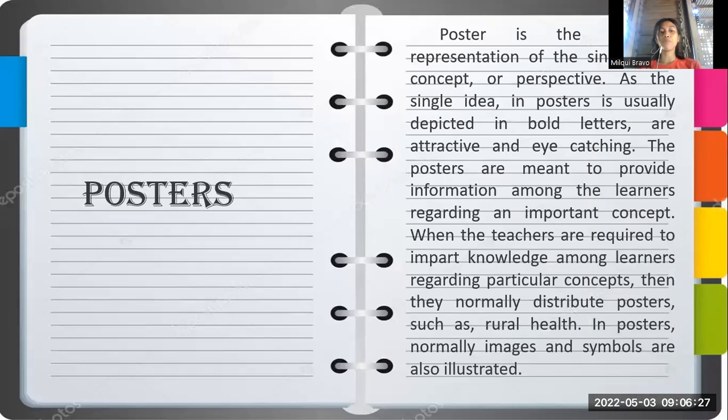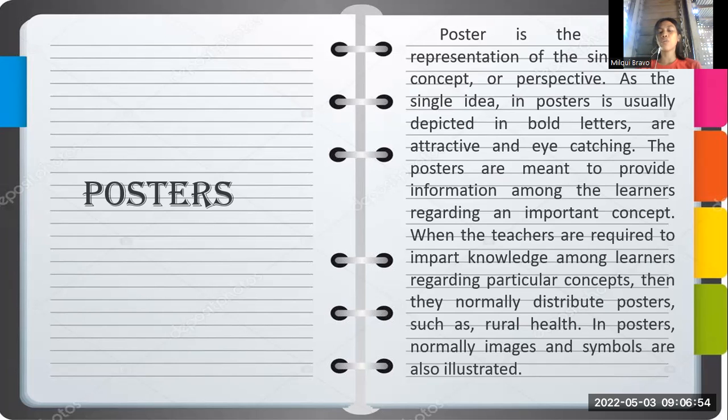So next are the posters. A poster is the symbolic representation of a single idea, concept, or perspective. The single idea in posters is usually depicted in bold letters, attractive and eye-catching. Posters are meant to provide information to the learners regarding an important concept.